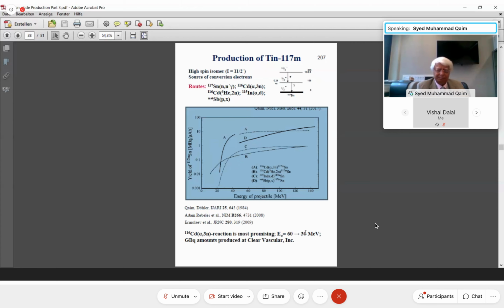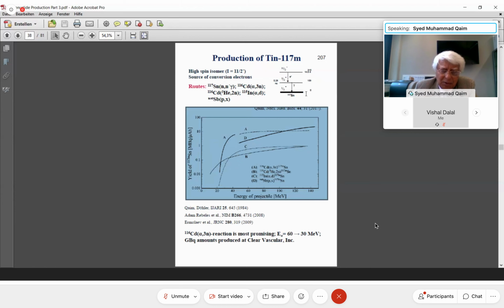You may ask why. I think from fundamental studies, we know that alpha particles try to populate the nuclear level which is of high spin. And this nuclear level, the high spin 11/2 minus, is produced better with alpha particles than with protons.